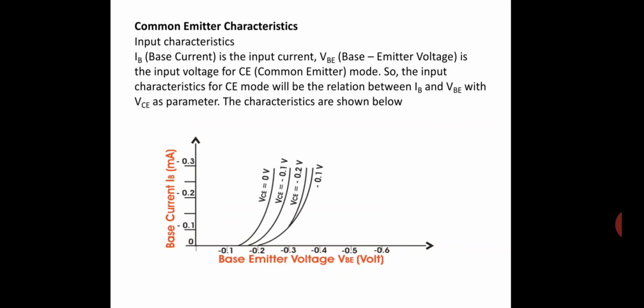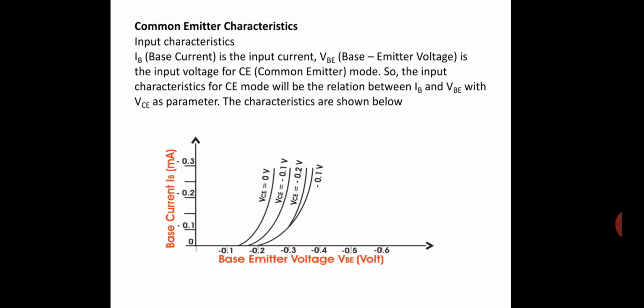Now we will discuss common emitter configuration. In common emitter configuration, the emitter terminal is common in both input and output. So input is present between base and emitter, and output is collected at the collector terminal.